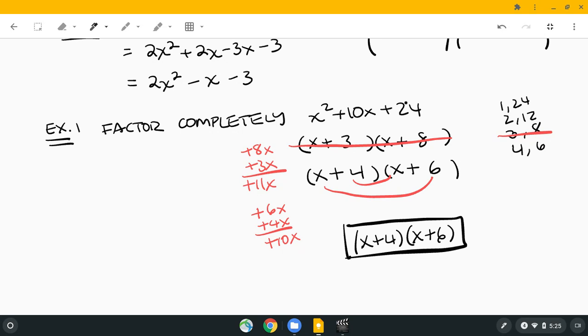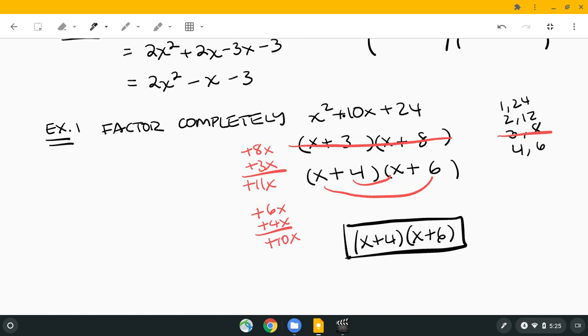One thing I forgot to mention, always check to see if you can factor any common factors first. That way it makes the numbers smaller and a lot easier to work with. In the last section, we looked at greatest common factor and factoring by grouping.